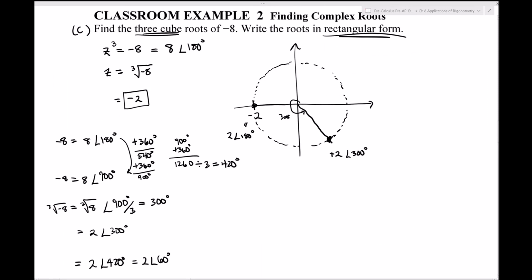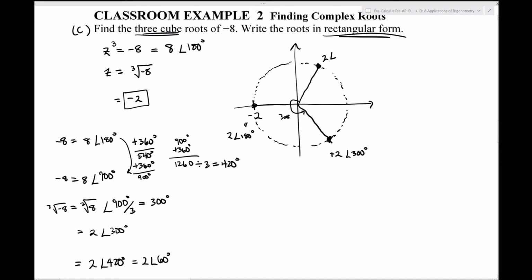Now 420 degrees is not between 0 and 360, so I'm going to have to scale that back so that it's between 0 and 360. So what you do is you subtract 360 from that. So 420 minus 360, not divided, is 60 degrees. So that's 2, 60 degrees. Where's 60 degrees? 60 degrees is here.